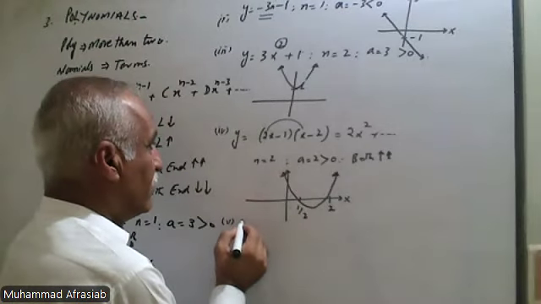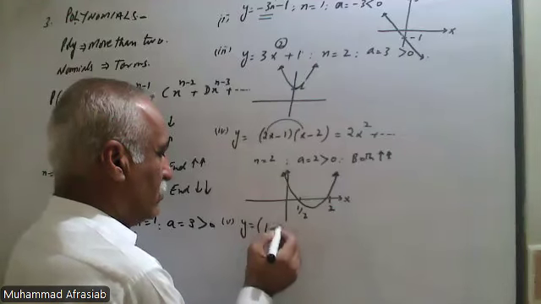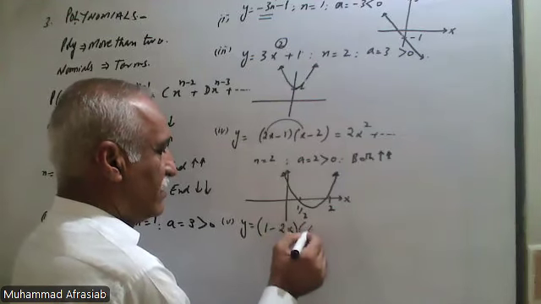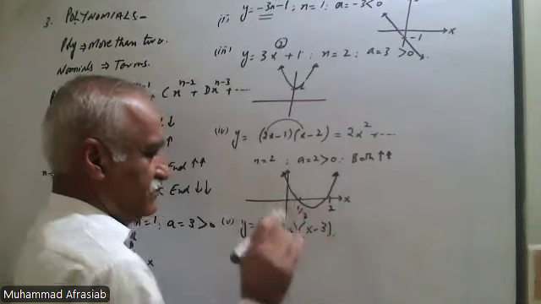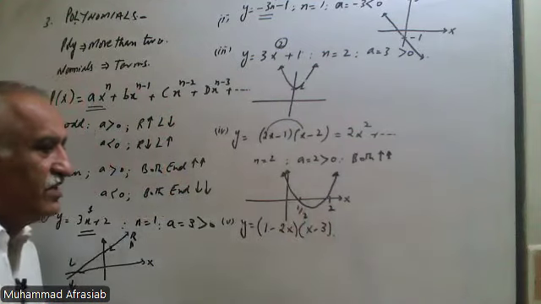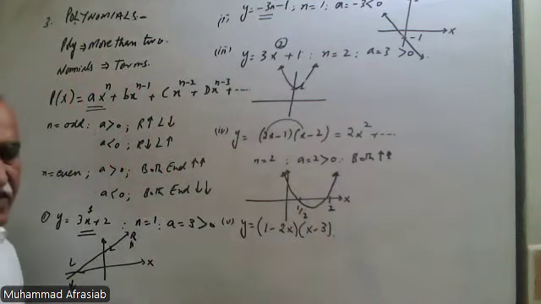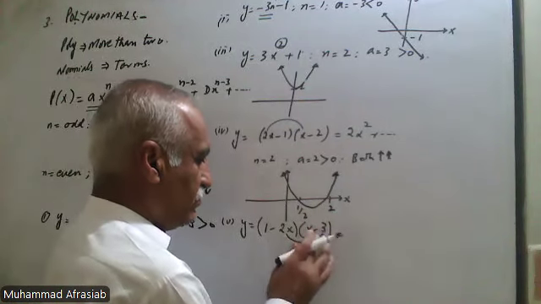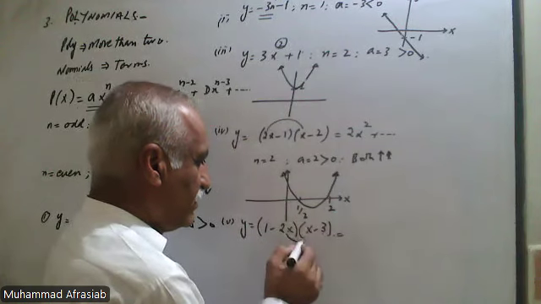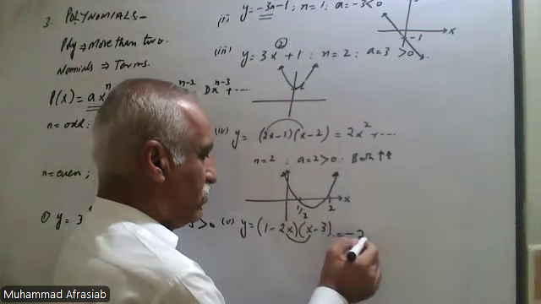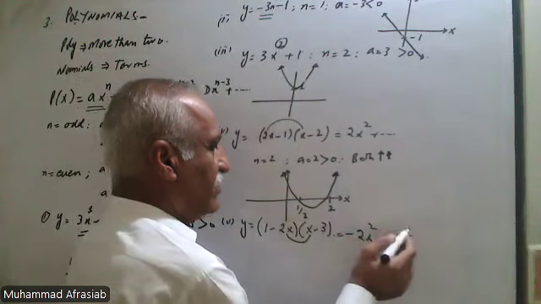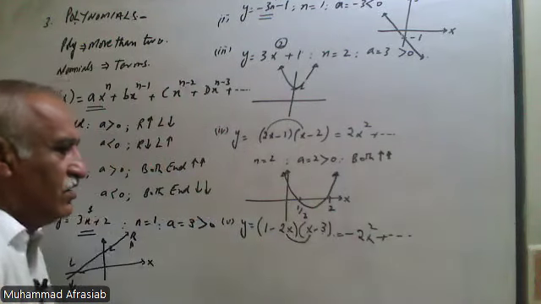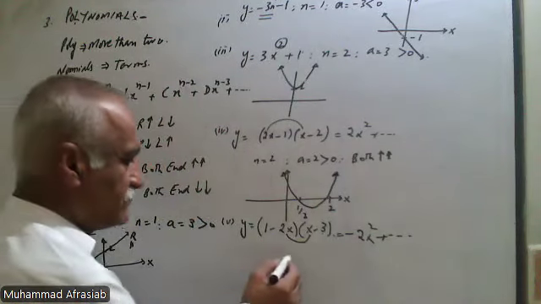Fifth, y equals (1 minus 2x) into (x minus 3). Now, you need the coefficient of the highest power here. The highest power term will be minus 2x into x, which gives minus 2x^2 plus something. Now, we draw the graph of this.